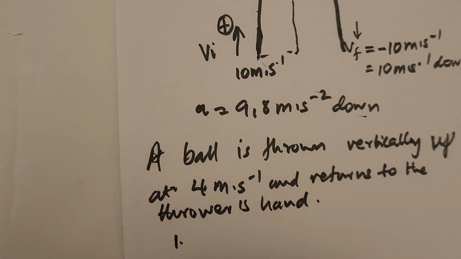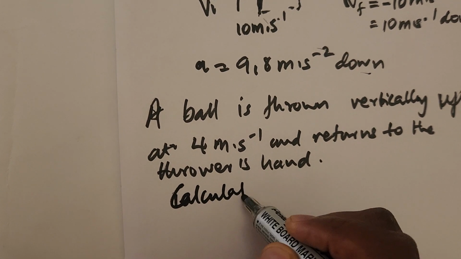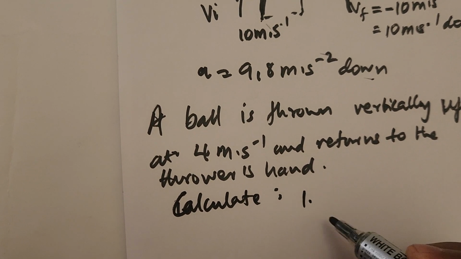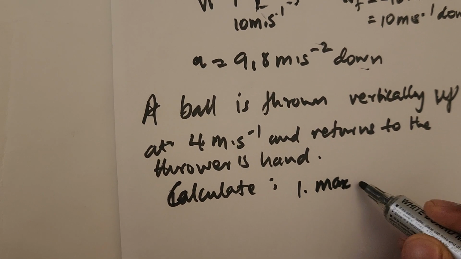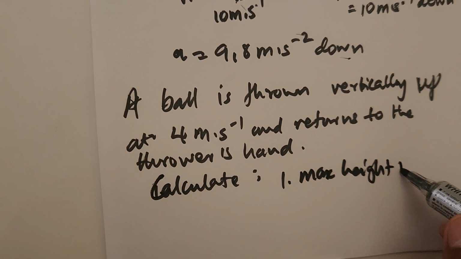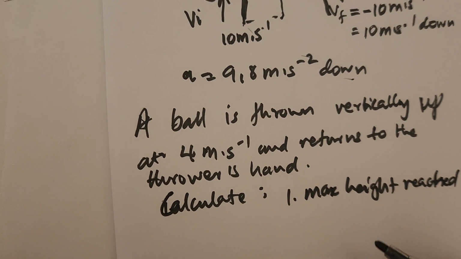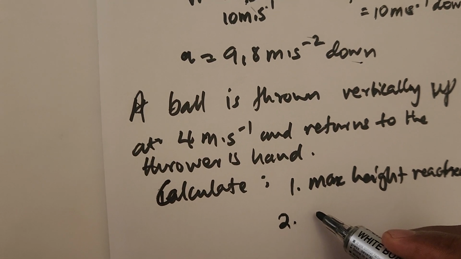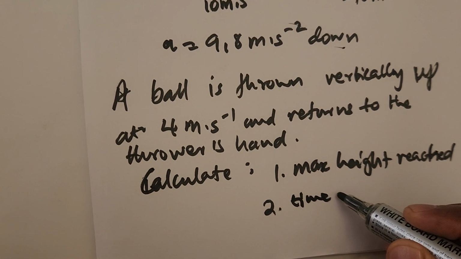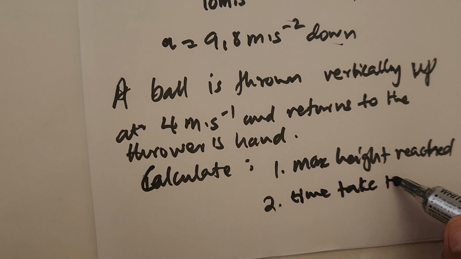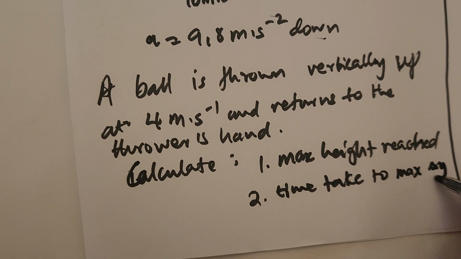First, they say in the questions, calculate the following. Number 1, the maximum height reached by the ball. The second one, calculate the time taken for the ball to reach the highest point, the time taken to reach maximum height, maximum delta y.